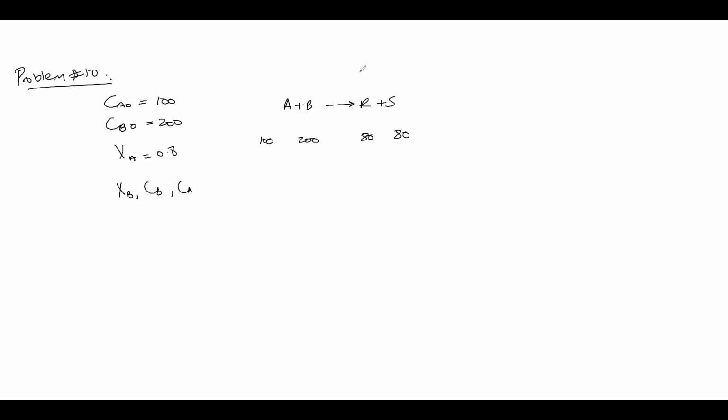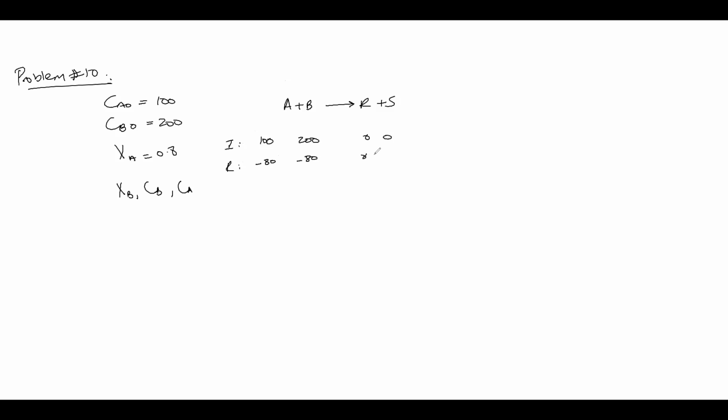Or you can do the table the same way you do it in chemistry. I don't know if you guys remember. Initial, reacted: I'm going to have 80 moles of A reacted, 80 moles of B reacted, right? Minus 80, minus 80.